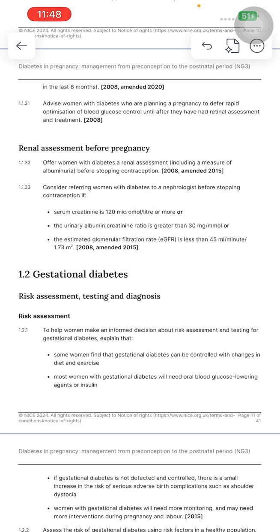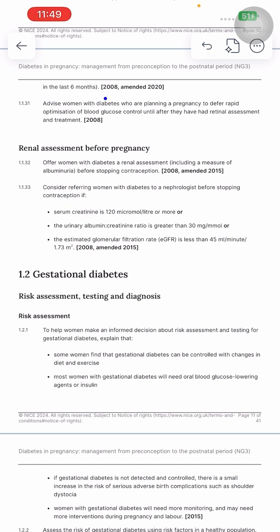So for renal assessment, before stopping contraception, the serum creatinine should be less than 120 micromole per liter, the urine albumin creatinine ratio less than 30 mg per millimole, and the estimated GFR not less than 45 ml per minute per 1.73 meters squared. This is one of the SBAs you may be asked in exams: for retinal assessment, how much time is required?